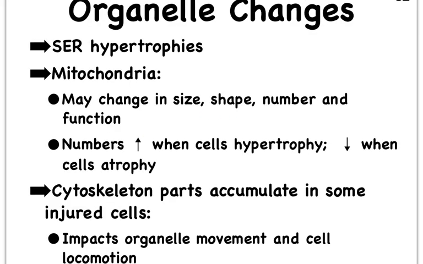So we might see that the smooth endoplasmic reticulum actually starts to get bigger as a form of cell adaptation. Mitochondria may have to adjust by increasing in number, especially when cells hypertrophy, but they may even increase in size. They may change shape. They may have to adjust their function somewhat, particularly their ATP production and calcium storage.